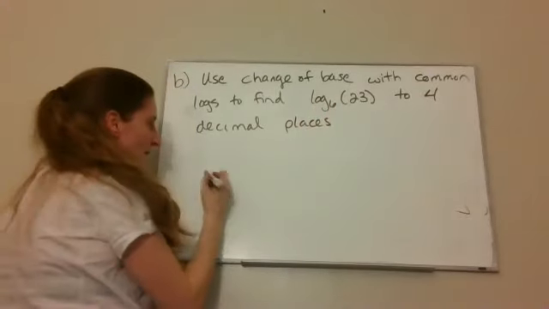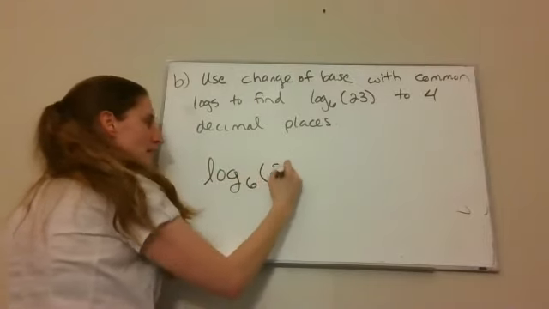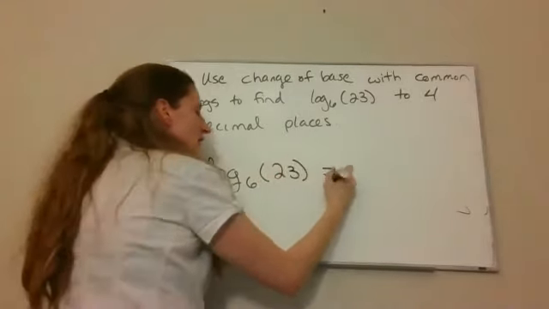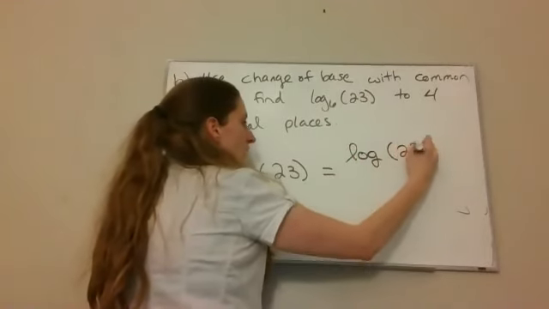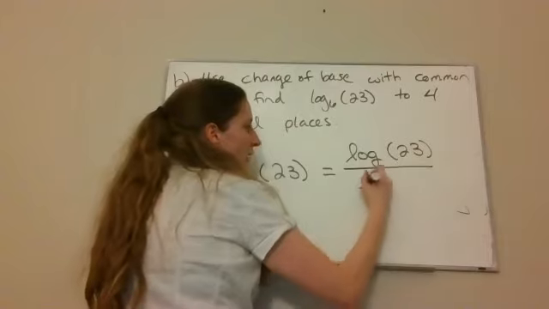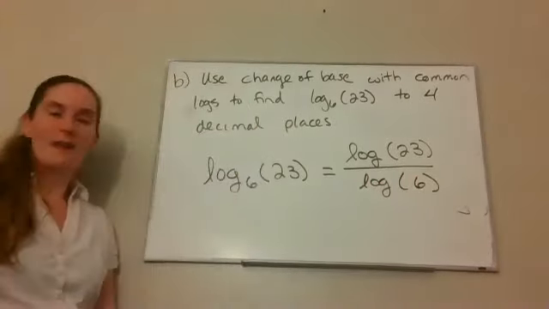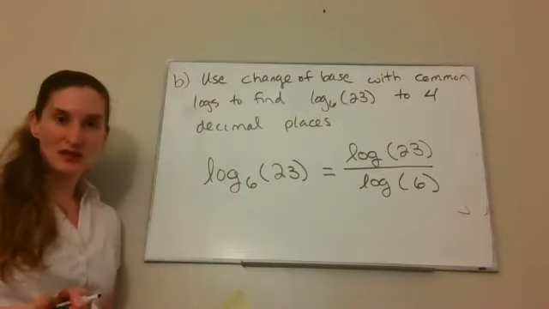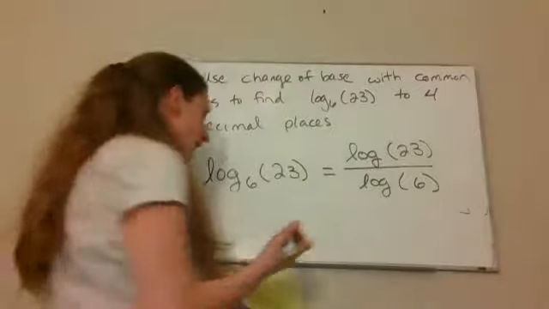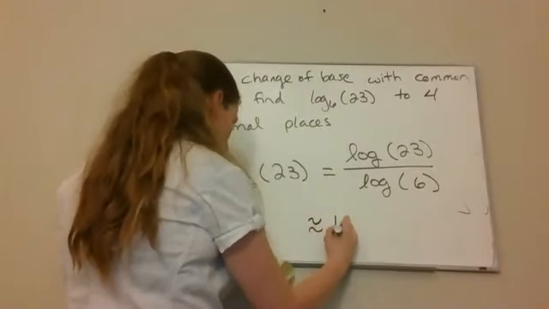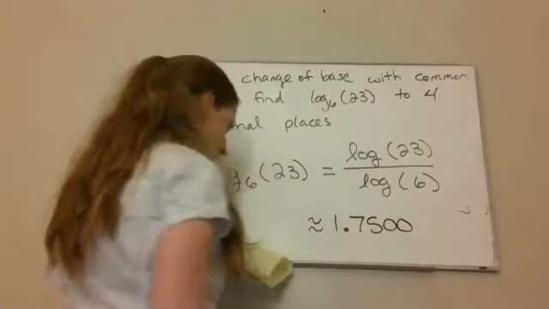So my change of base formula tells me that log base 6 of 23 will be equal to my common log of 23 divided by my common log of 6. And that is something that you can type into your calculator. Log of 23 divided by log of 6, and you should get to 4 decimal places, 1.7500.